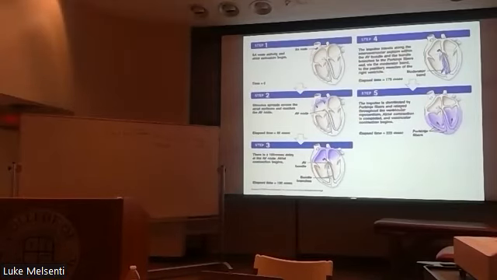SA node is autorhythmic here, depolarizes, spreads across the atria. And then it's going to get slowed down at the AV node, and then go down through the bundle branches, and then the Purkinje fibers are the fastest fibers.